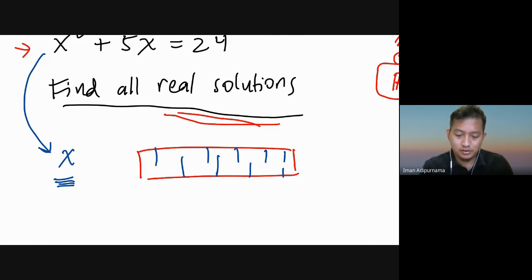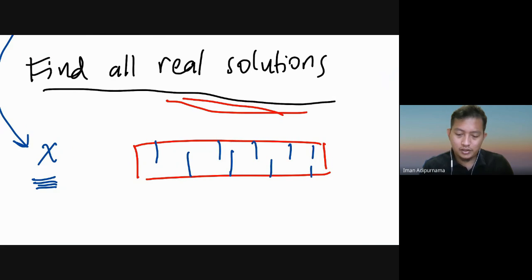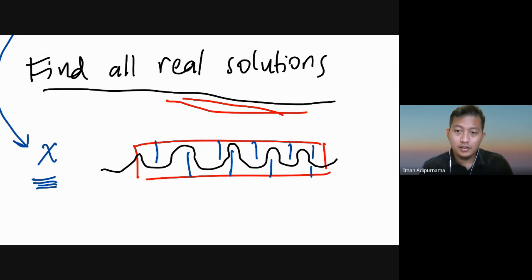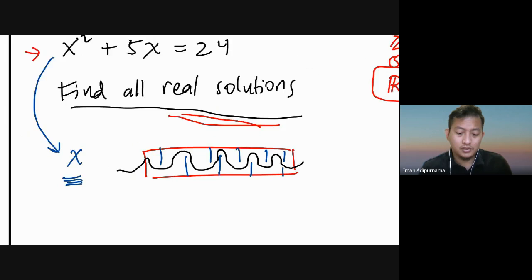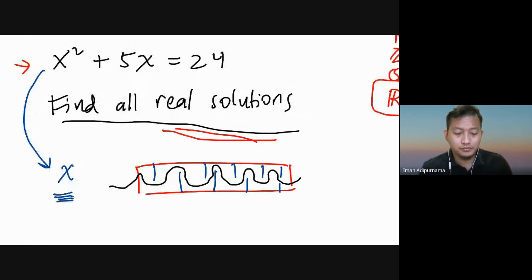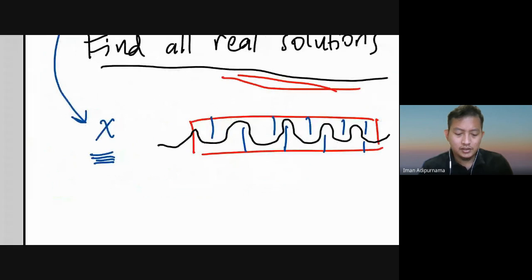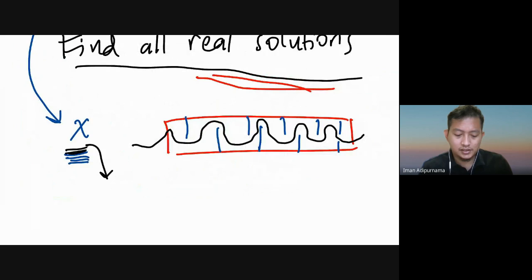Finding the x in an equation or a formula is like finding a path. You can have many ways to deal with it, especially in algebra. So x is the unknown, right?